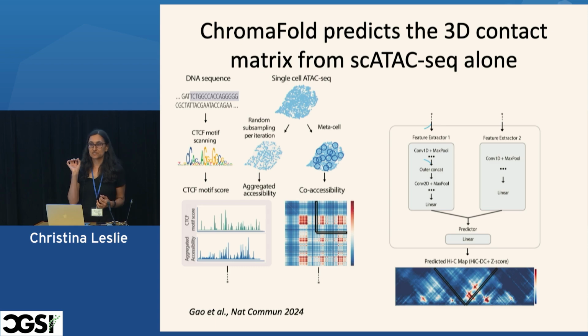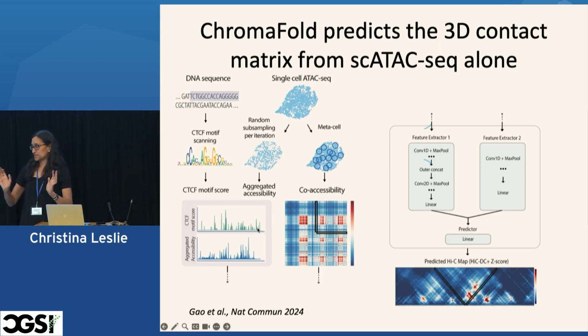We need a bit of sequence information. And what's important for getting TAD structure correct are CTCF binding sites, these kind of structural elements. So we just take a motif track for CTCF. It's free, right? So that's all we need. We don't have a full sequence model. We have 2 feature extractors.